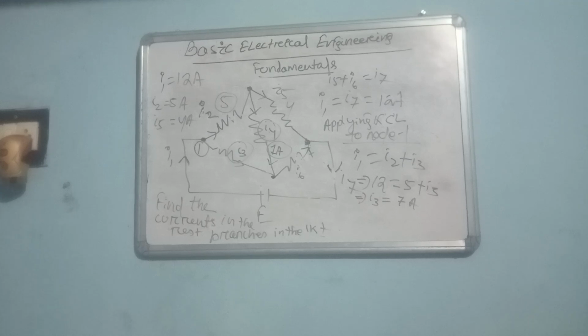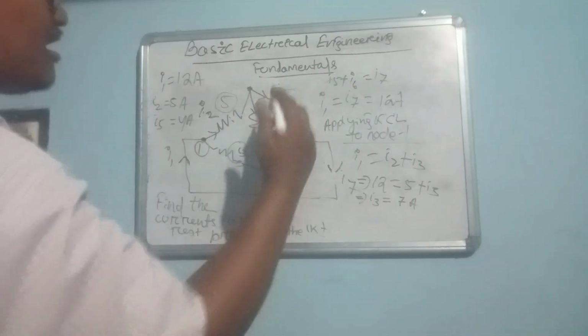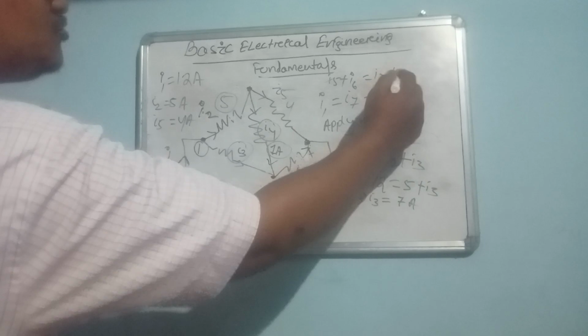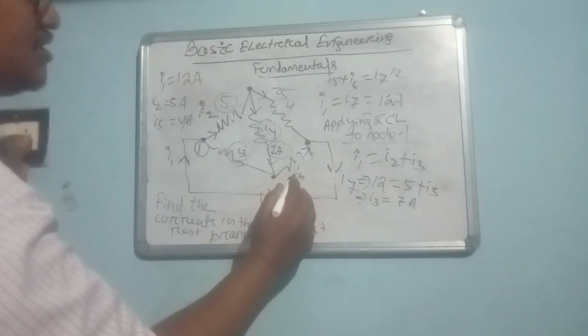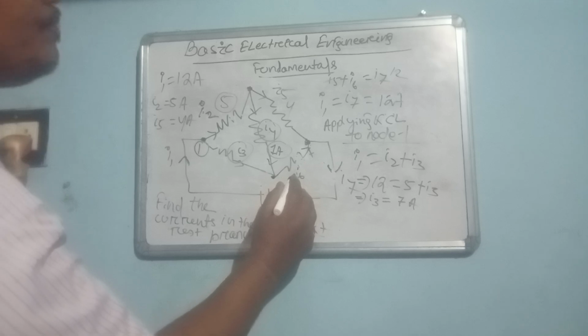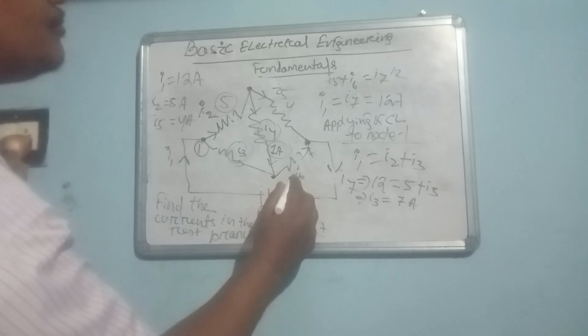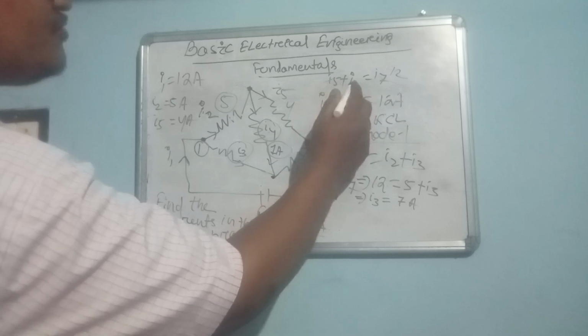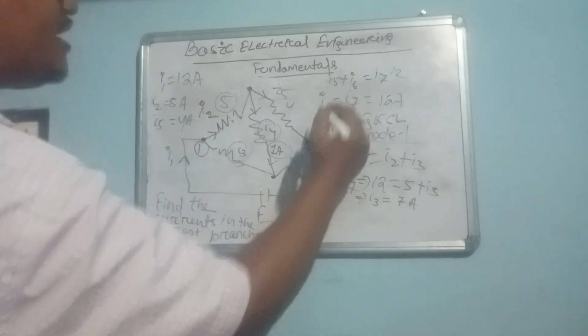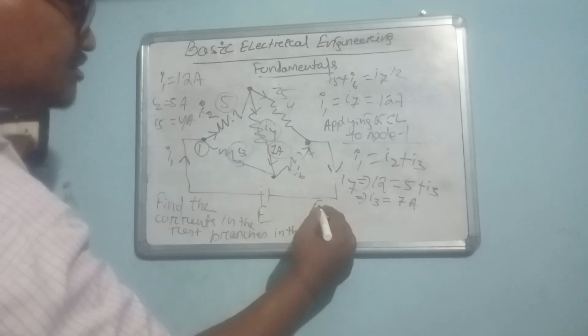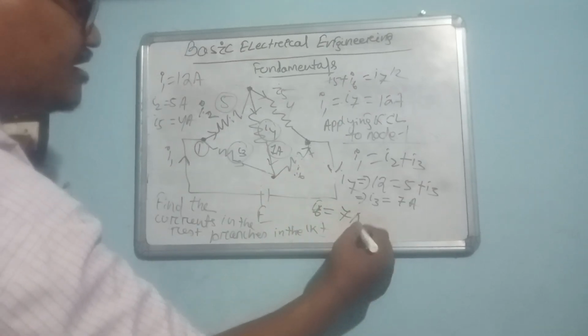So I5 is 5 ampere and I7 is 12, so I6 will definitely be 7 ampere.